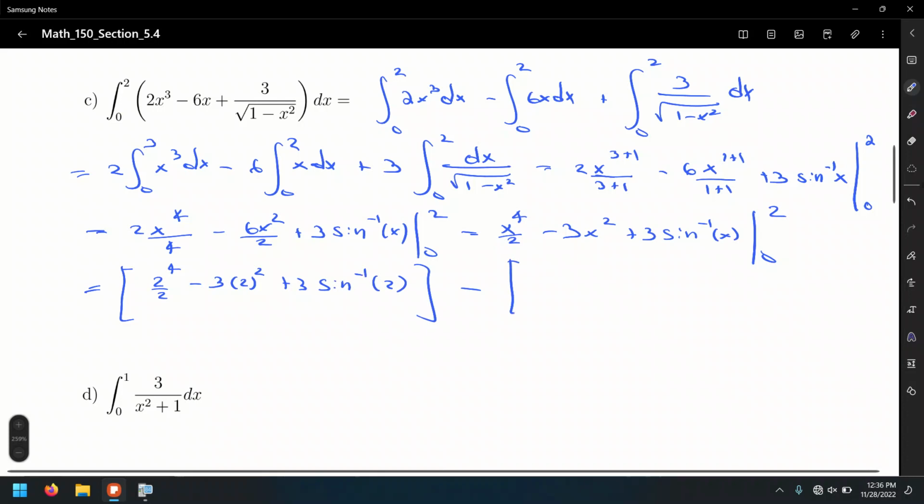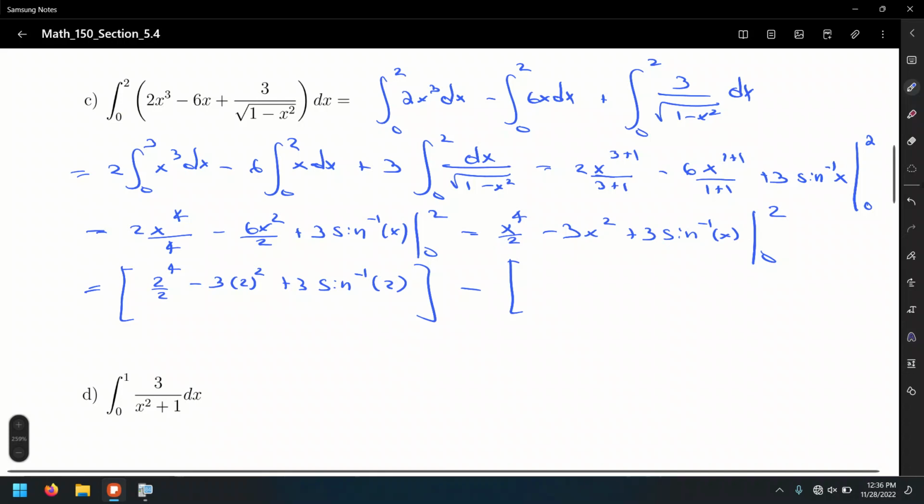minus, okay, a freebie here in this case is that, number one, observe what's going to happen when you substitute the lower limit of x equals 0 into all the terms in the antiderivative. This term is going to get zeroed out. This term is also going to get zeroed out.